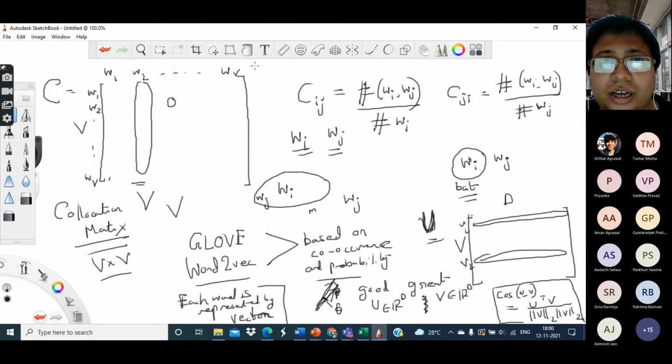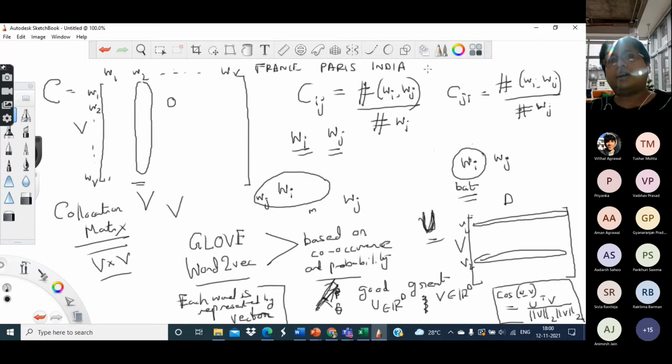So suppose I give you a sequence like this: France, Paris, India. Okay, and now you are required to predict the fourth word.